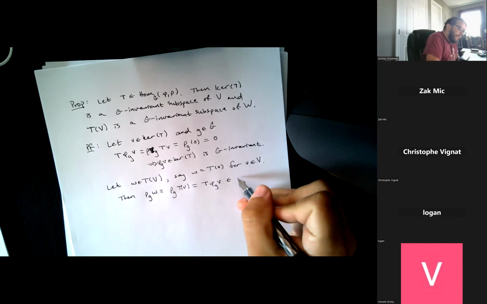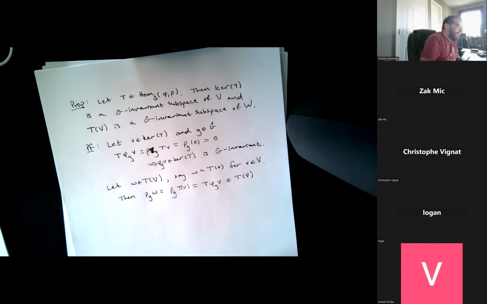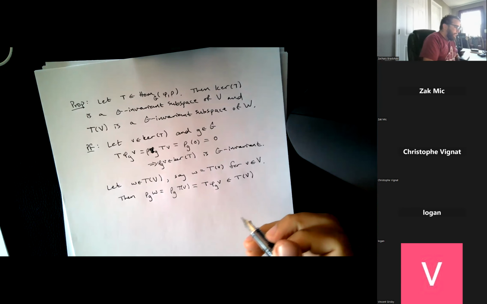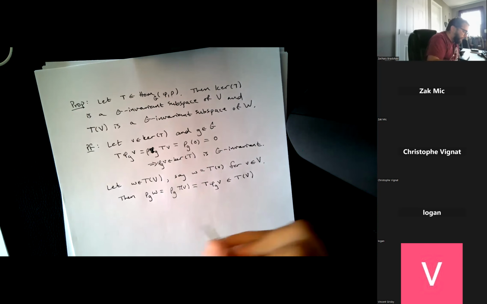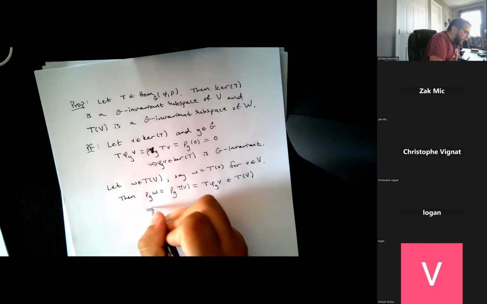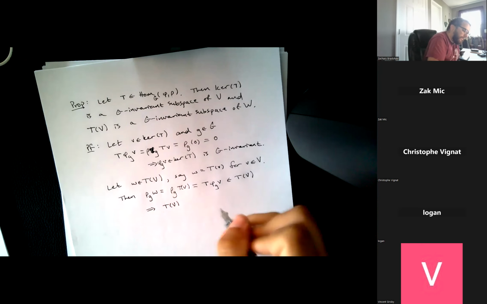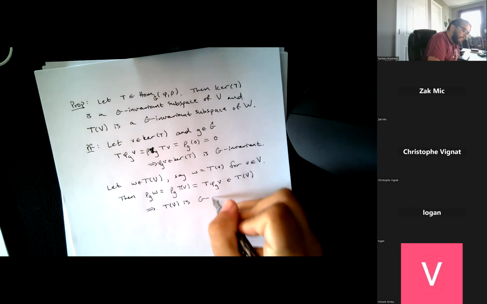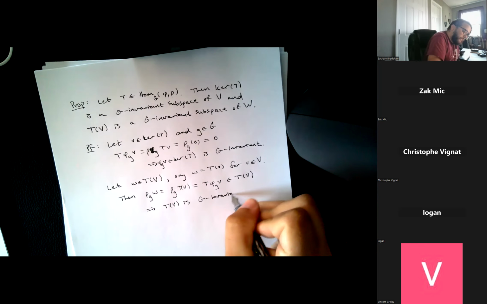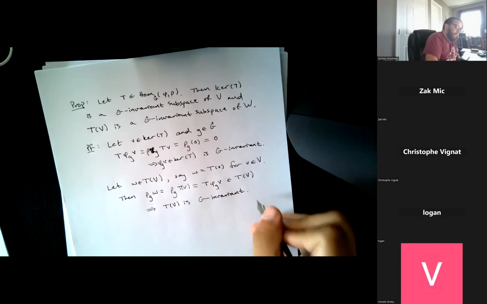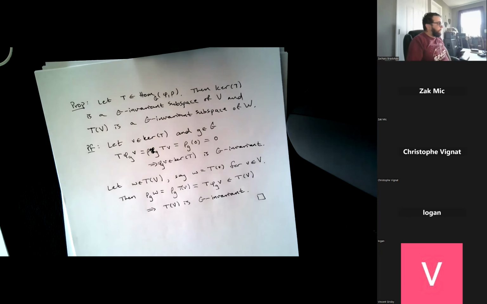And this is in the image of V under T. So that implies that the image of V under T is G invariant. And that completes the proof.